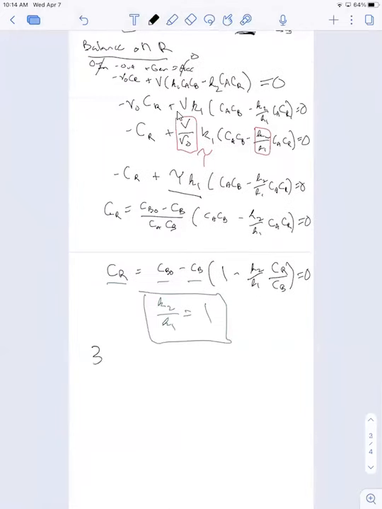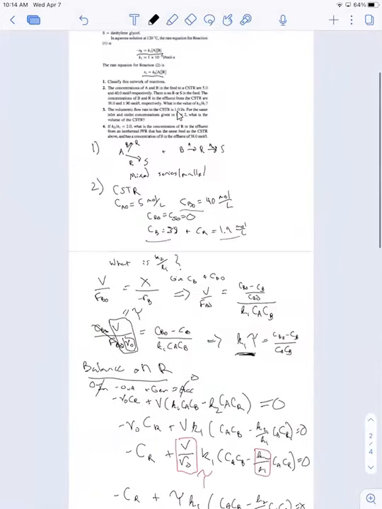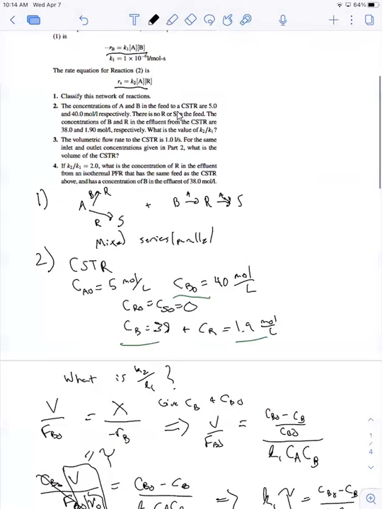So for the next part, it asks: the volumetric flow rate to the CSTR is 1 liter per second. For the same inlet and outlet concentrations, what is the volume of the CSTR?